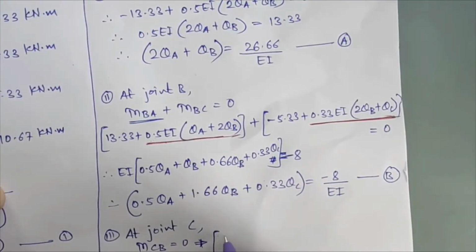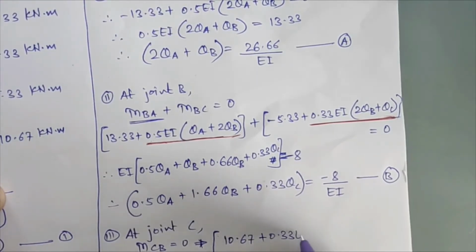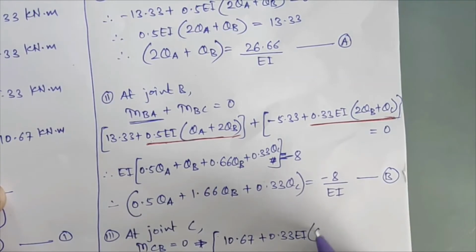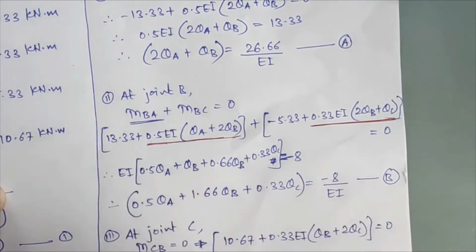I am getting 10.67 plus 0.33 times EI into bracket theta B plus 2 times theta C is equal to 0.